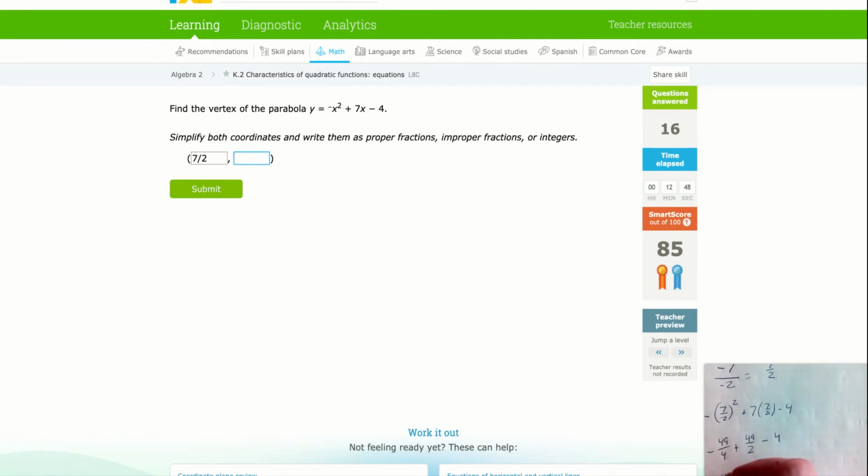So negative 49/4 plus 98/4 minus 16/4. Well, that's going to be 49/4 minus 16/4, and that's going to be 33/4. See if I did my math right.